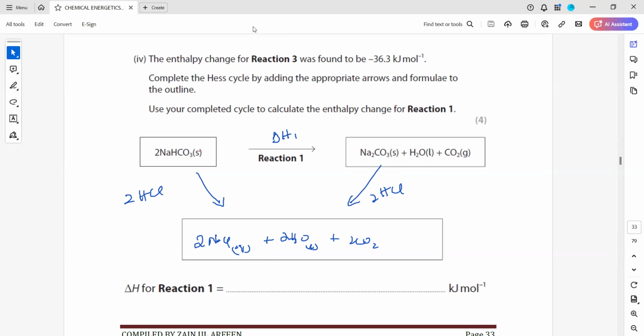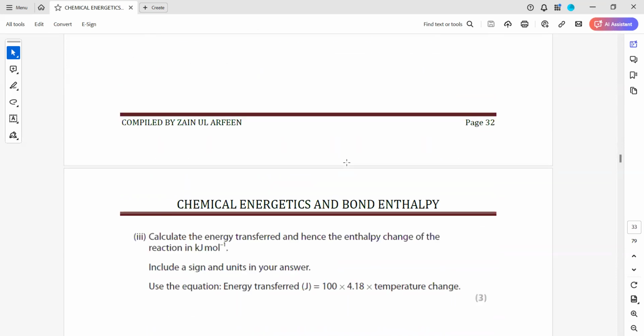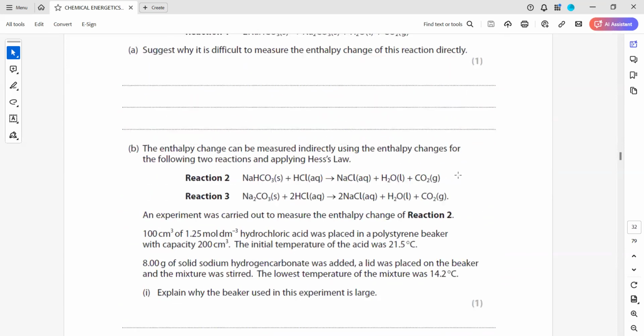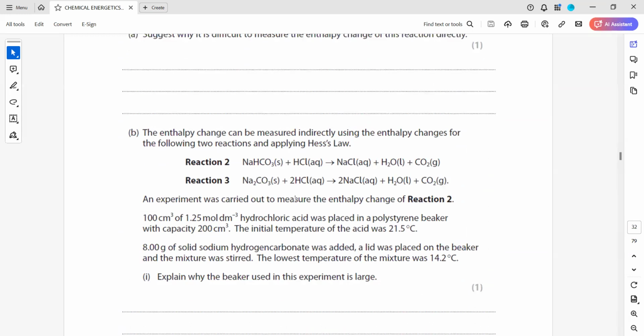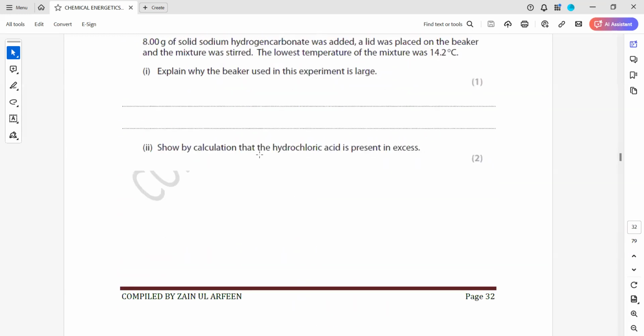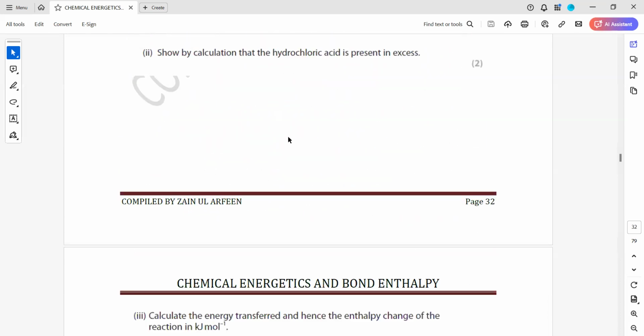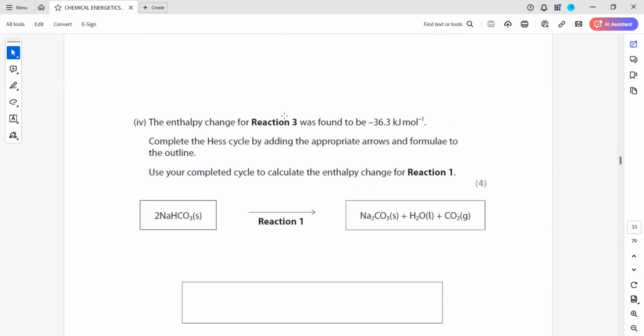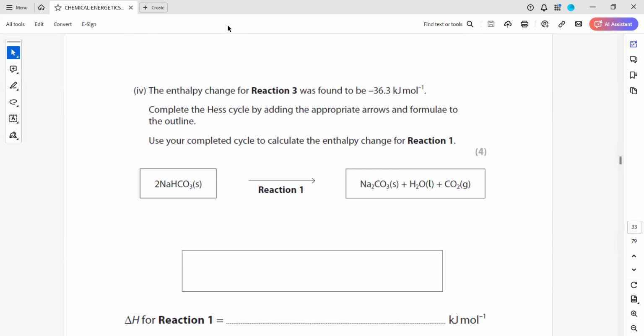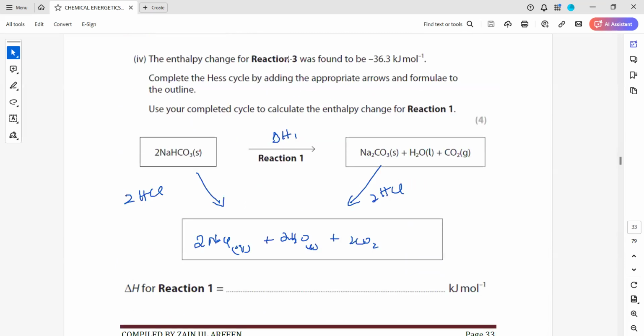Delta H2 is for the sodium hydrogen carbonate reaction that we worked out, and delta H3 is for the hydrochloric acid one, like sodium carbonate reacting with hydrochloric acid. So this one is delta H1, this one is delta H2 and this one is delta H3.